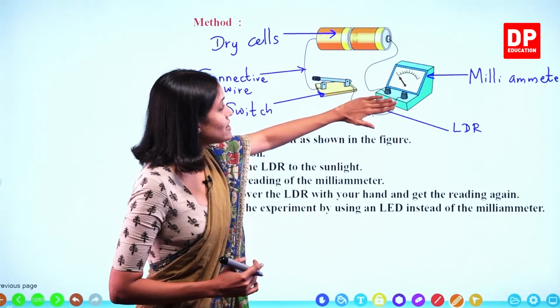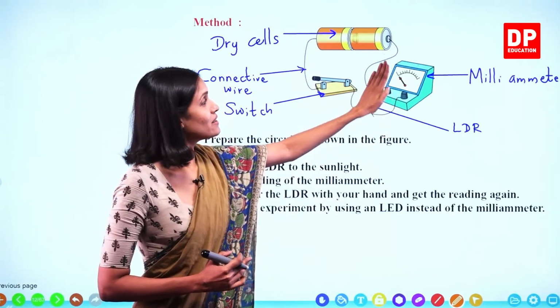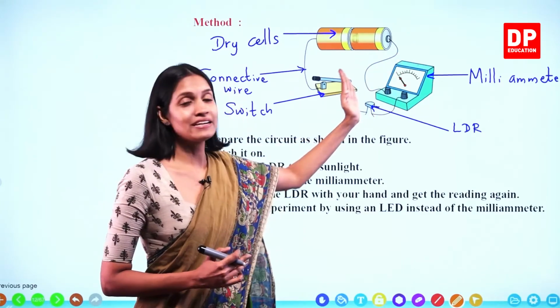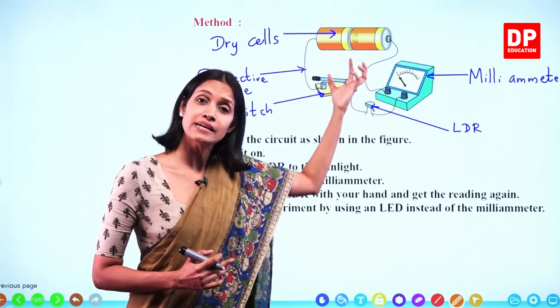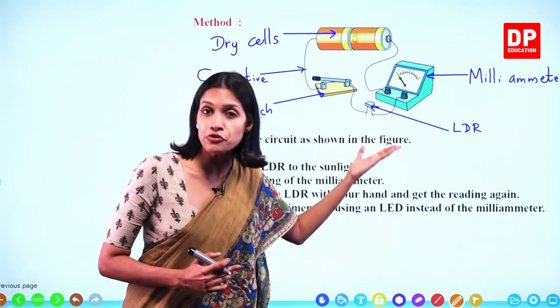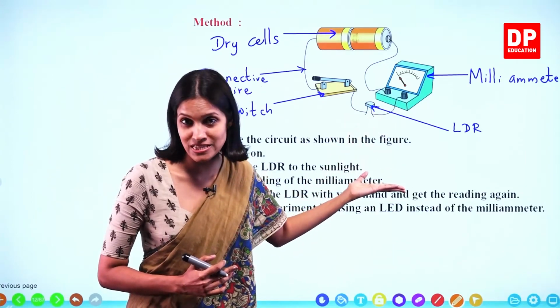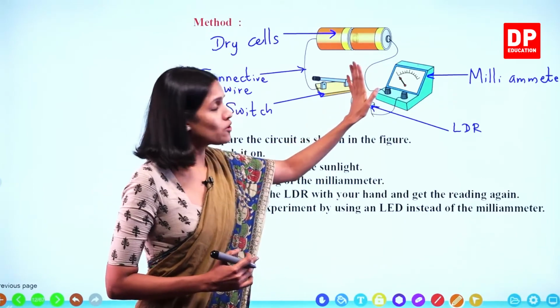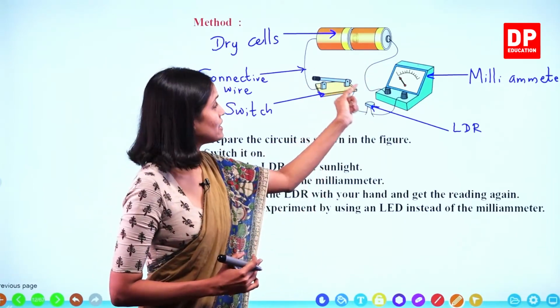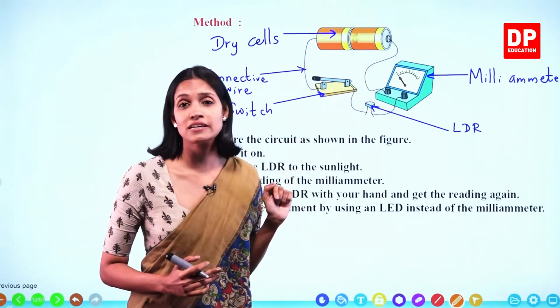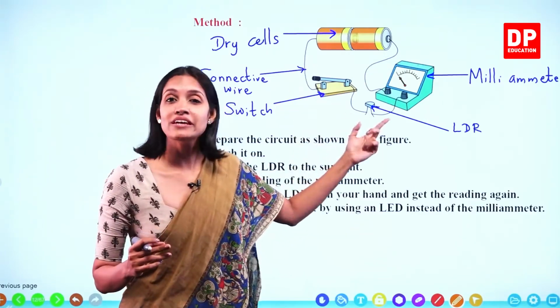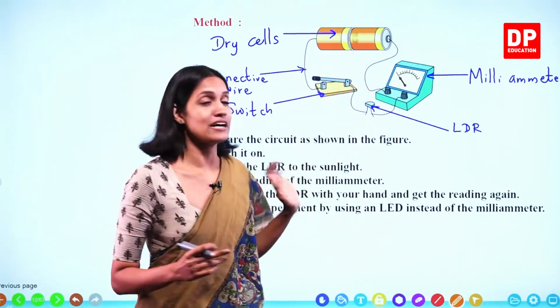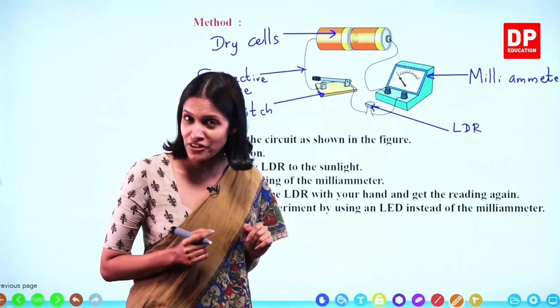So when you cover the LDR, what happens, children? The milliammeter reading decreases, which means the electric current flowing through the circuit reduces. Okay, children. So in the same way, you observed what happened when we connected the LED to the circuit. When we directed torchlight onto this LDR, what happened to the brightness of the LED?